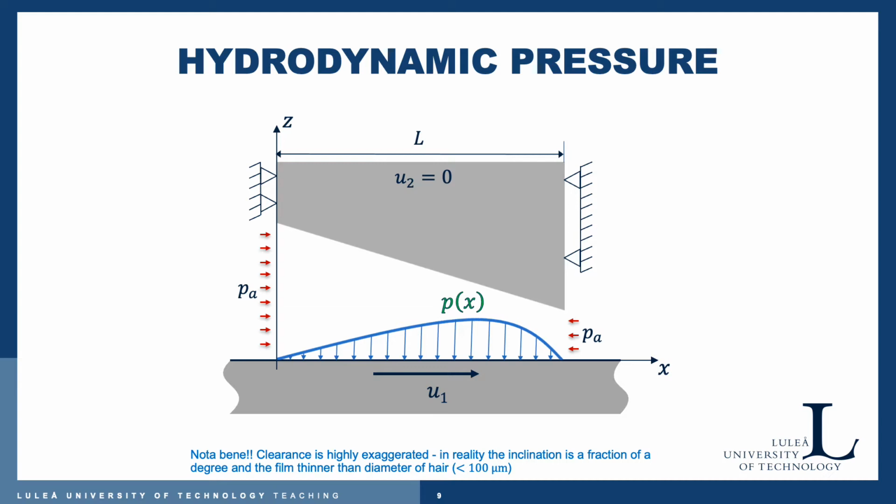This hydrodynamic pressure will look precisely like this: on both ends we have PA, the ambient or atmospheric pressure typically, and then it builds up, comes to a maximum and drops down again to the ambient pressure at the exit. It of course acts on both surfaces, and this is what generates lift, or load carrying capacity, in a bearing.